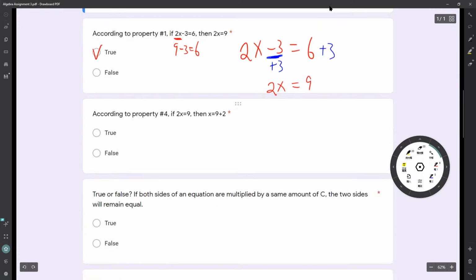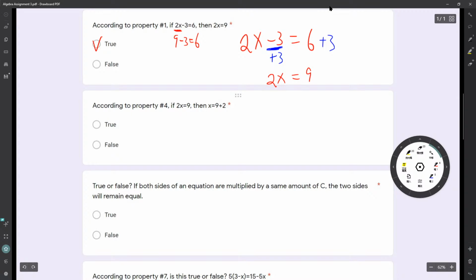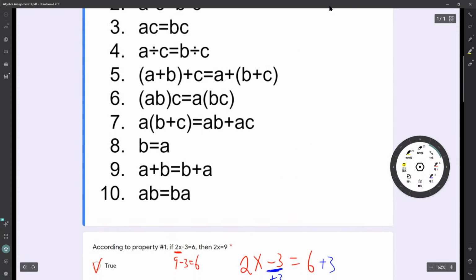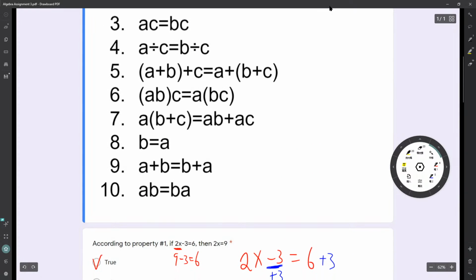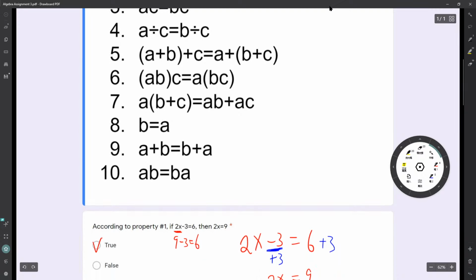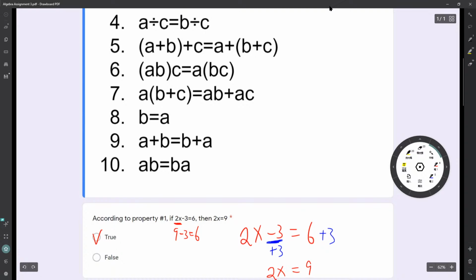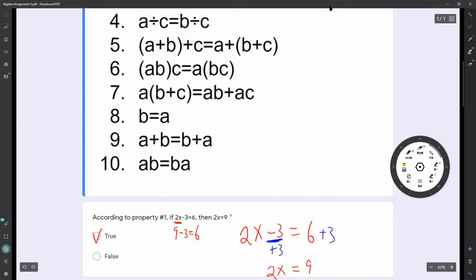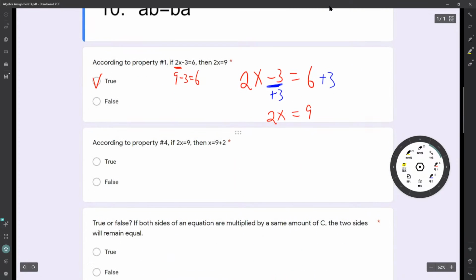And let's go on to the second. According to property number 4, if 2x is 9, then x equals 9 plus 2. Property number 4, what does it say? It says a divided by c equals b divided by c. So it's basically saying if both sides are divided by the same number, it will still remain an equation.